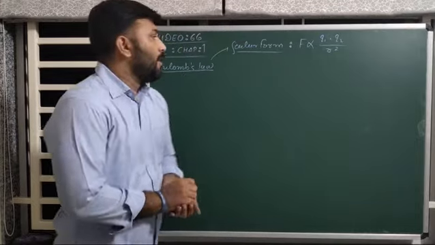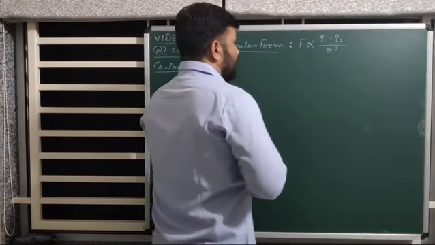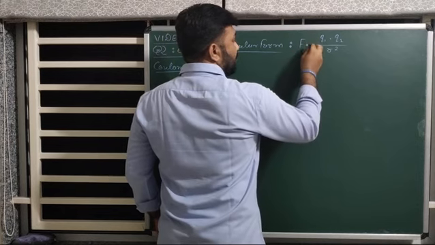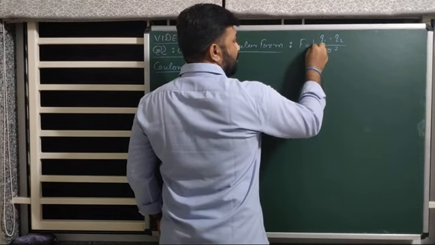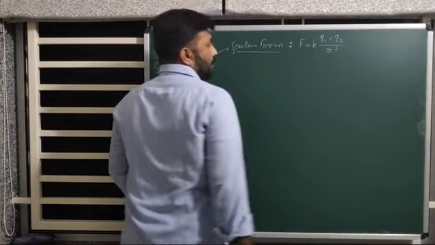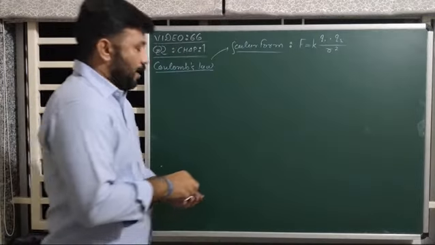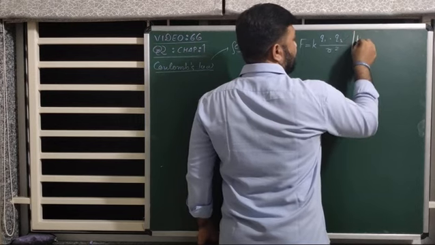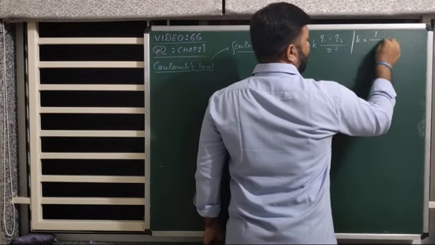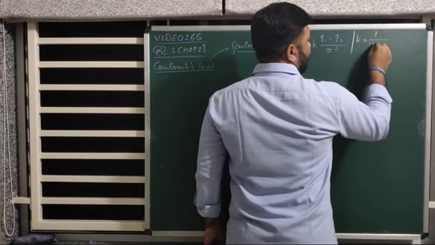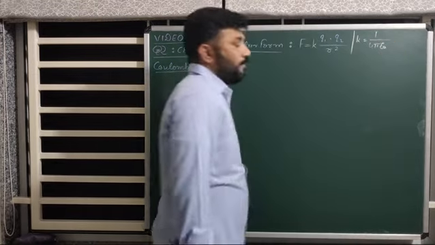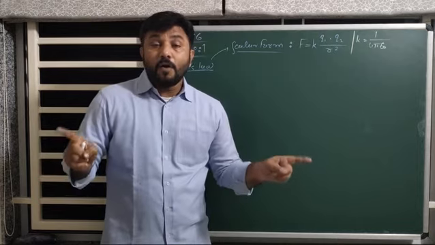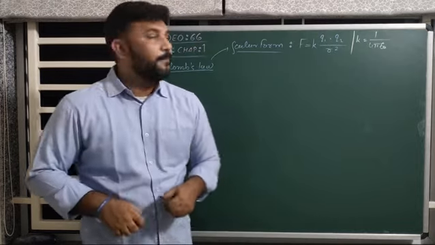Clear? Okay. If you want to remove this proportionality sign, then you have to put a constant, and that constant is given by small k. Got it? And what is small k? Where small k is nothing but 1 upon 4 pi epsilon 0. And what is epsilon 0? It is the permittivity of free space.